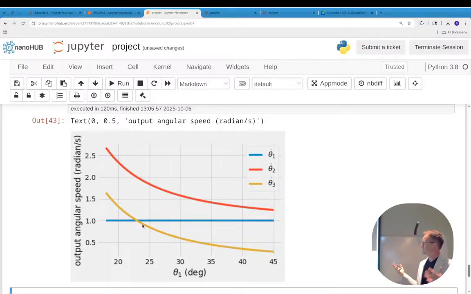Here we have 2.5 radians versus 1.5 to 0.5 radian per second. It would be bad if you're bending your knee at 1 radian per second and everything else is changing at 100 radians per second. If they're all within the same order of magnitude, everything's probably fine.